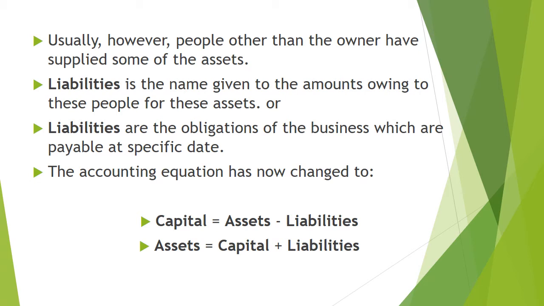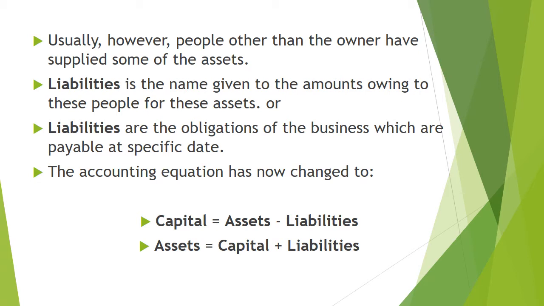These people are outsiders other than the owners. And what will we call these? Liabilities. Liabilities is the name given to the amounts owing to these people for these assets.